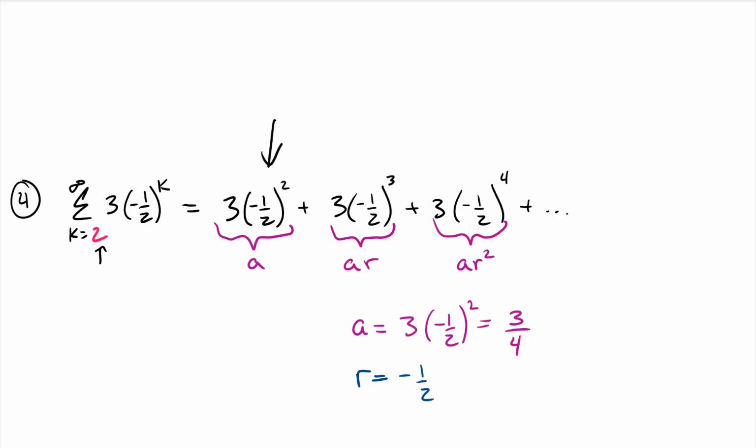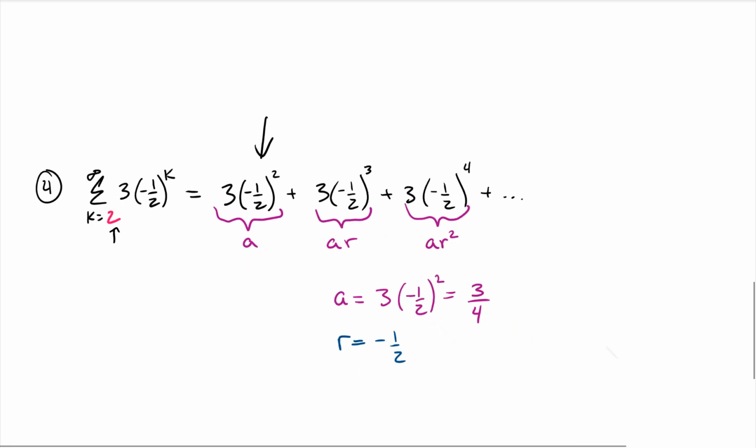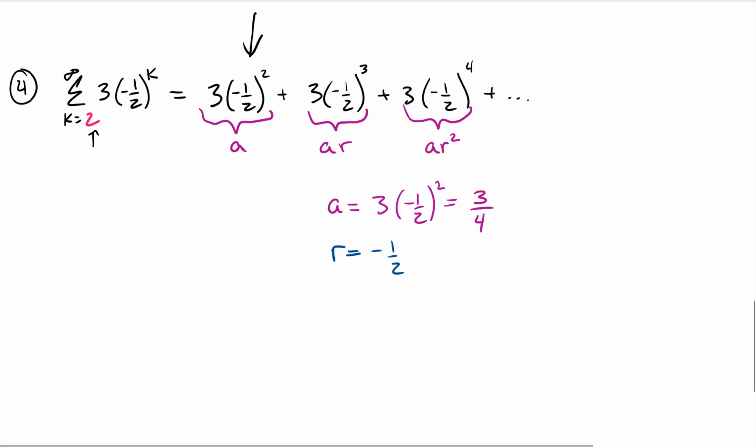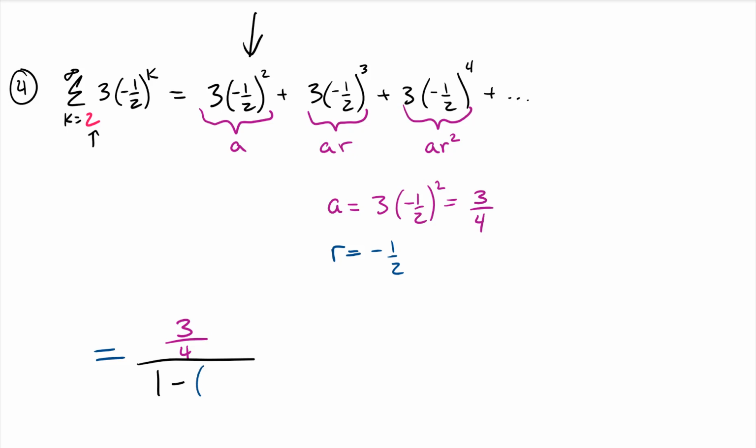So by setting up the first term, we had to get this thing ready because we're going to infinity here. We started at 2, which means we skipped our first 2 terms, so we can't use that formula. Here's as tough as it's going to get, it's not going to get any tougher. That is the trick. So this equals our a, which is 3/4, divided by 1 minus our negative 1/2.